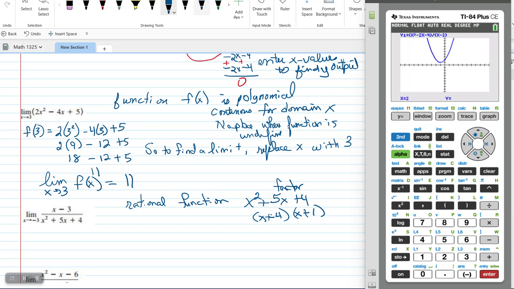So I can see that it is undefined at x equals negative 4 and x equals negative 1. But they want x of 3.